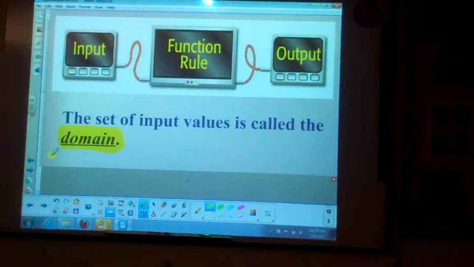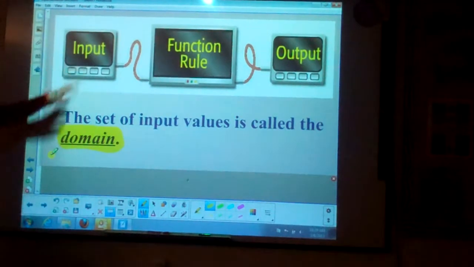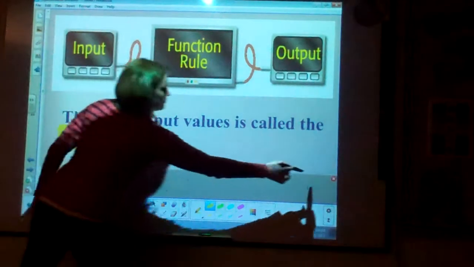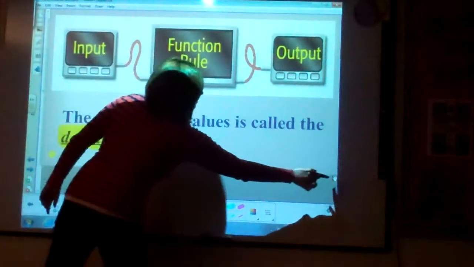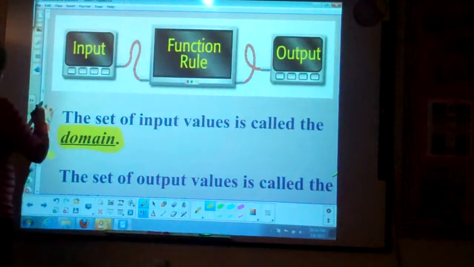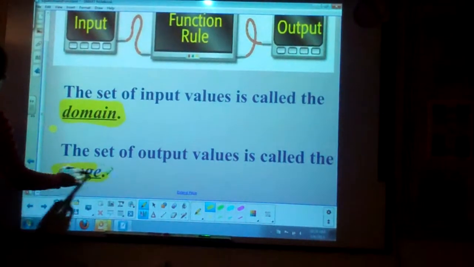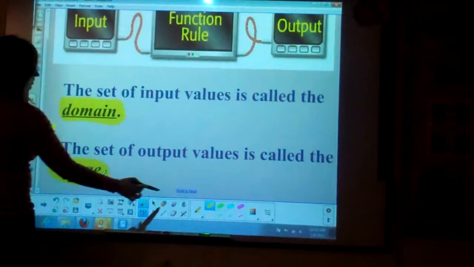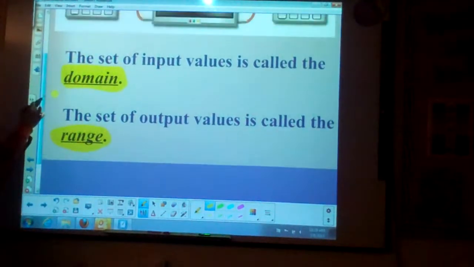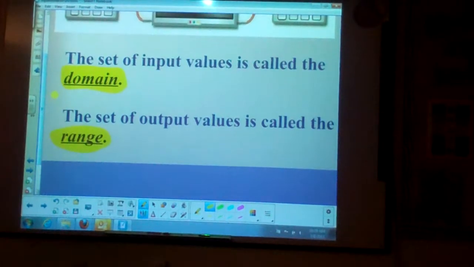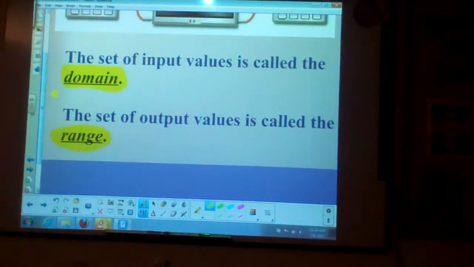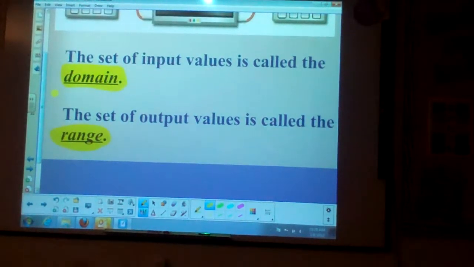The set of input values we call the domain. The set of output values we call the range. So the input values are the domain. The output values are the range.